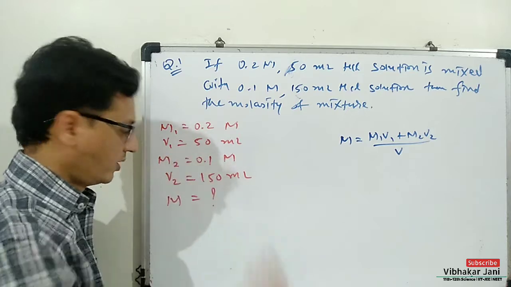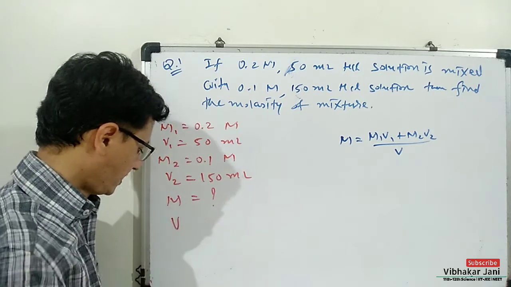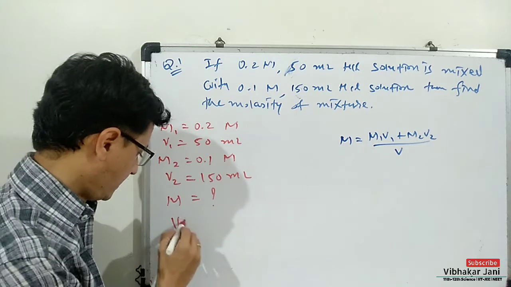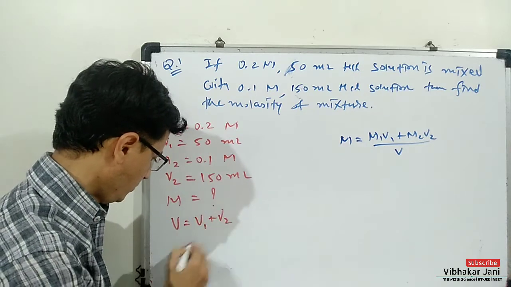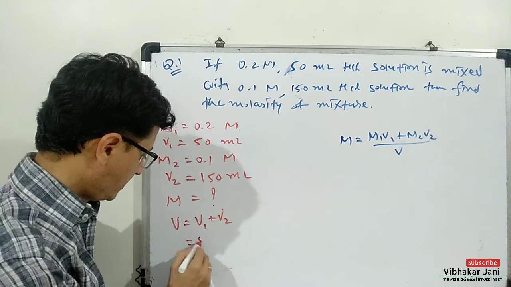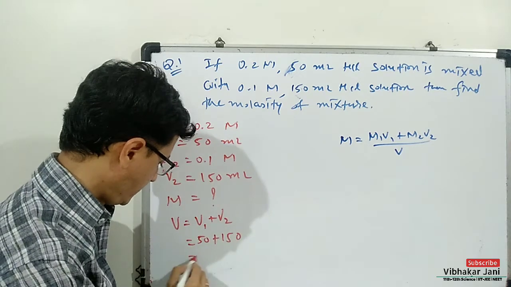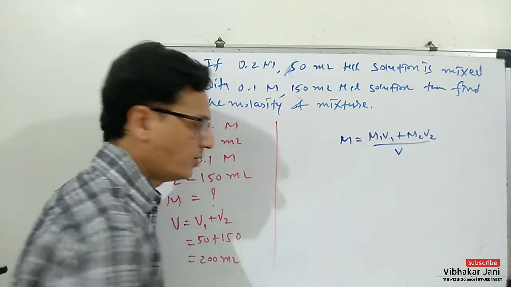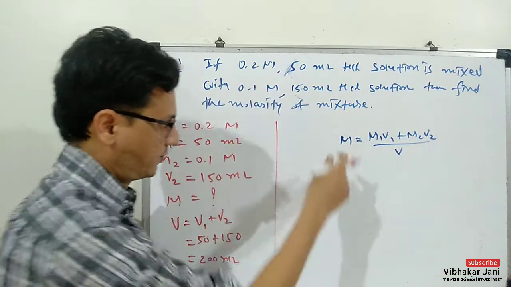We are asked to find the molarity of the mixture, and for that we must have the volume of our mixture, that is V1 plus V2. So it is 50 plus 150, that is 200 ml. Okay, now we have the formula. Let us put all these values into this formula.